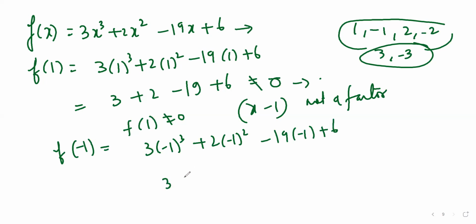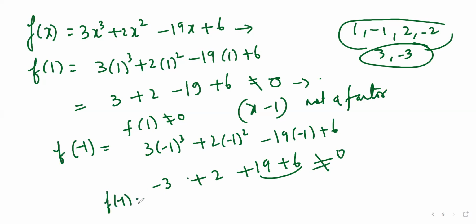So 3 into minus 1 cube is minus 3, minus 1 square is plus 1, so plus 2, plus 19, plus 6. 19 plus 6 is 25, 27 minus 3. Again, it is not 0. It's going to have some finite non-zero value. So f of minus 1 is not equal to 0, which means x minus of minus 1, which is x plus 1, is not a factor.